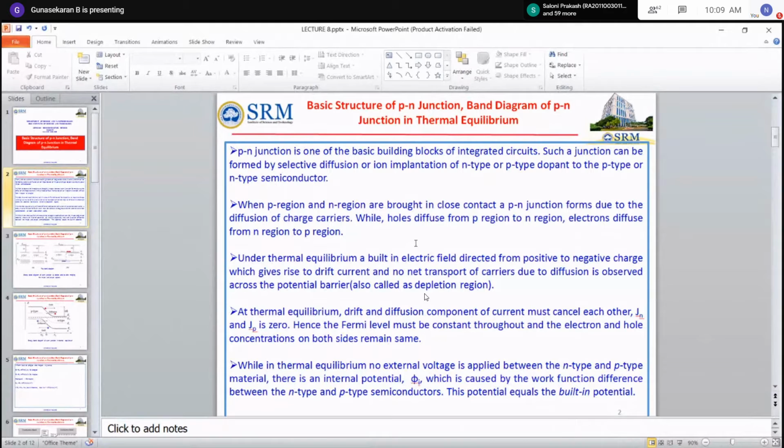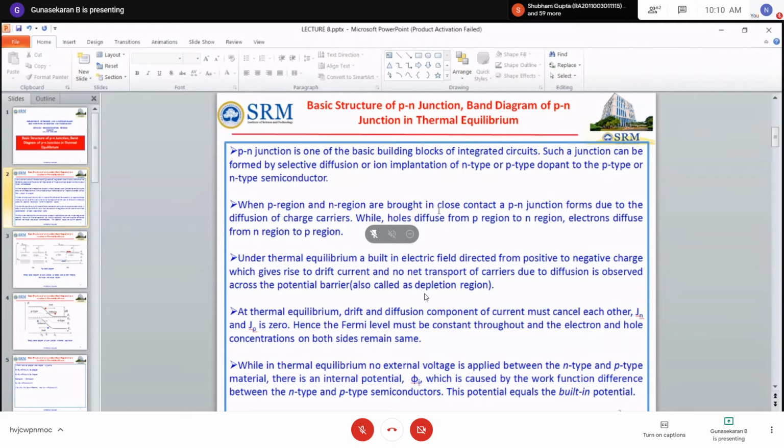In the n region electrons are more, in the p region holes are more. They simply cross the junction. When the p and n regions are brought close to each other, holes diffuse from p to n, and similarly electrons diffuse from n to p. Do you understand what I'm telling? Yes, sir.